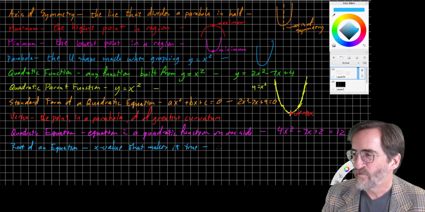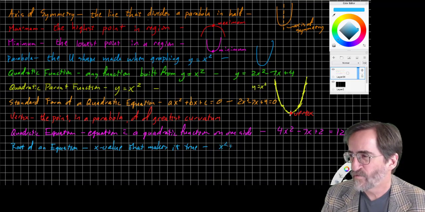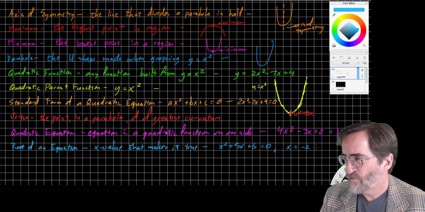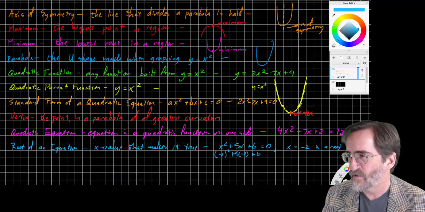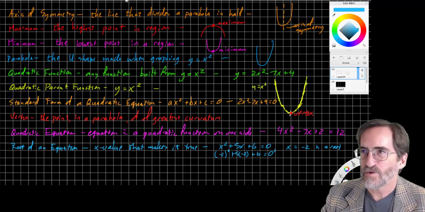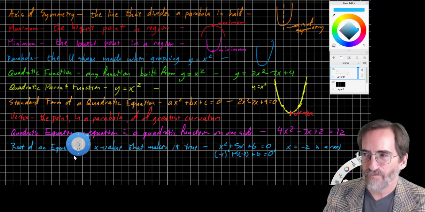So let's say x squared plus 5x plus 6 equals 0. X equals negative 2 is a root, because negative 2 squared plus 5 times negative 2 plus 6, that's 4, plus 6 is 10, and 5 times negative 2 is negative 10, makes 0. So negative 2 is a root.